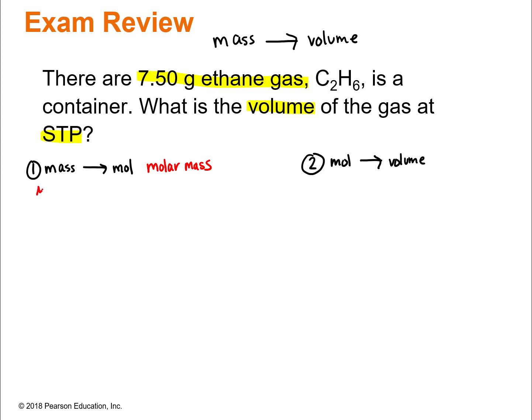I'm not going to show you how to calculate the molar mass, but hopefully you remember, because that's chapter 8. But you sum up the masses of all the elements in the compound, C2H6, and you should get somewhere in the ballpark of 30. When we write out our unit factors, this is what they look like.